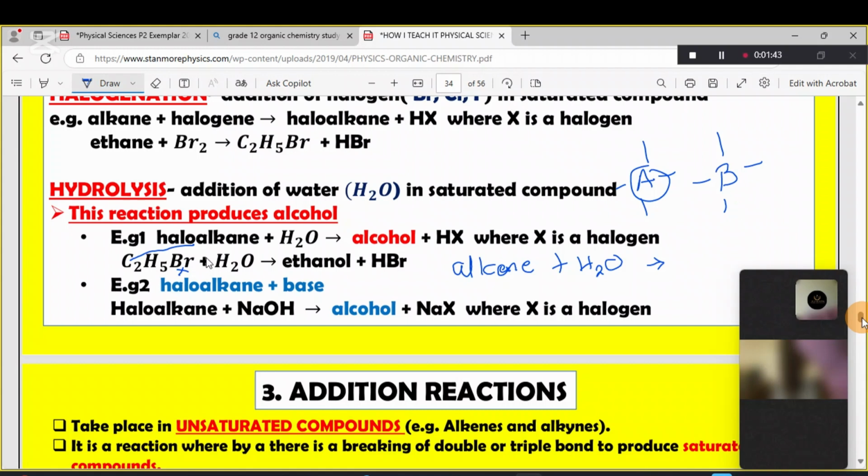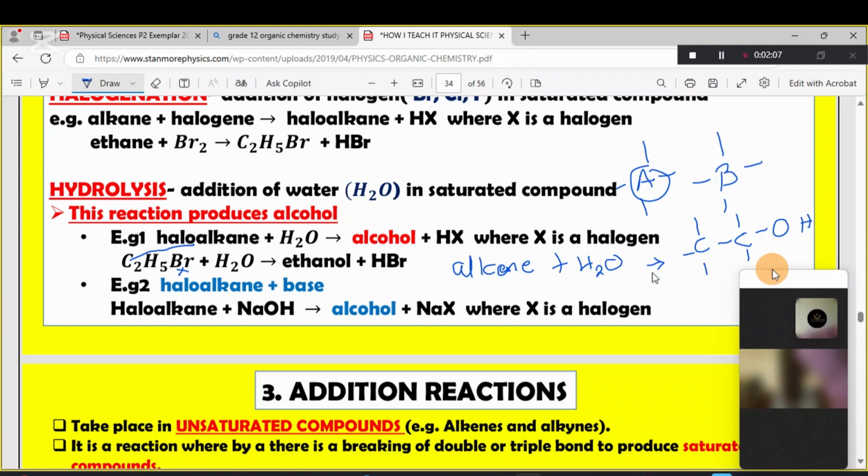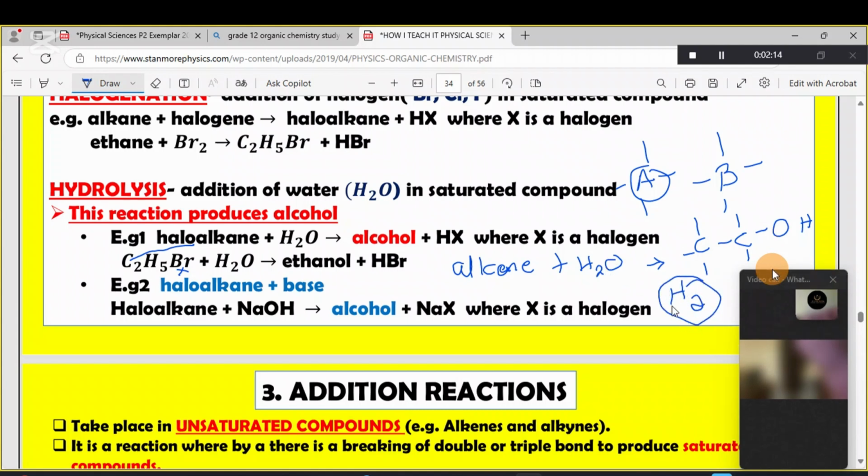So in this case, you're working with a haloalkane or an alkane. For example, if I have an alkane and then I add water, because I've added water, one of these H's I'm going to have to remove and put OH. So the H that I removed will go with the H that is remaining in the water, meaning I'll have a product of that plus this.